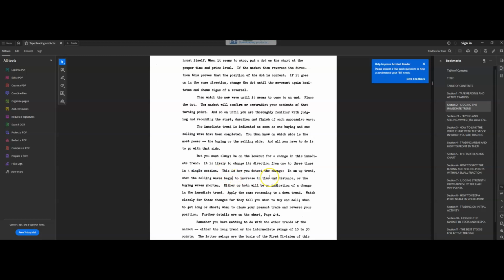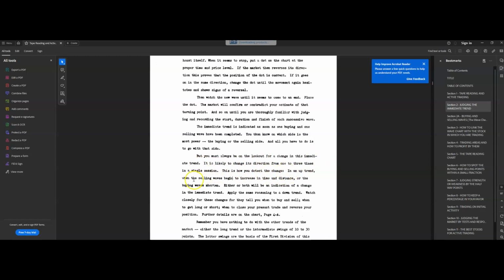The turning point is the trend change, the opportunity to buy and the opportunity to sell. This is how you detect the trend change in the immediate trend.